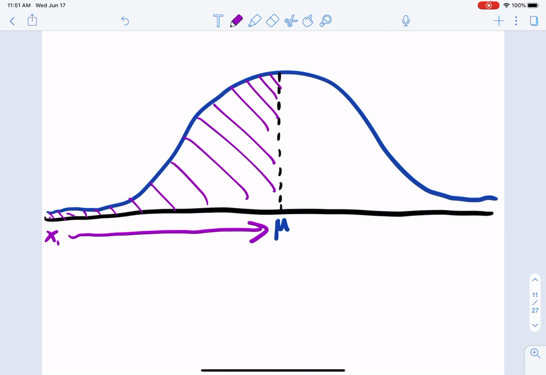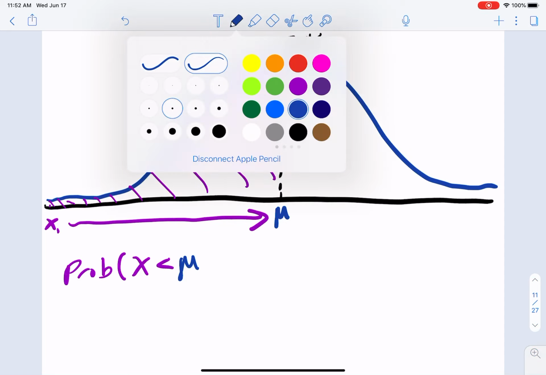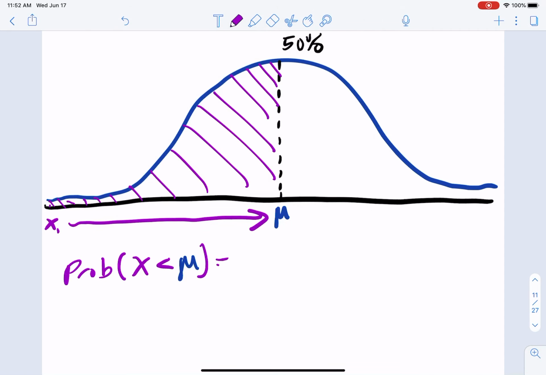And we know that since this black dotted line marks off 50% of the data, that means we can assume that this shaded area makes up the other 50% of the data. So our probability of selecting some value that is less than mu is 50%.